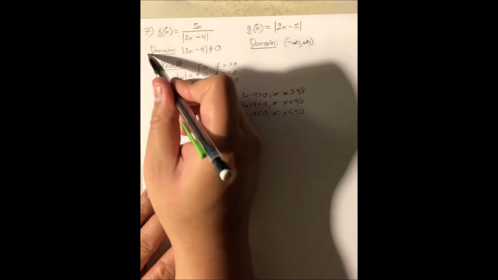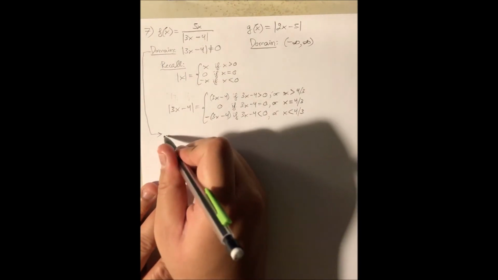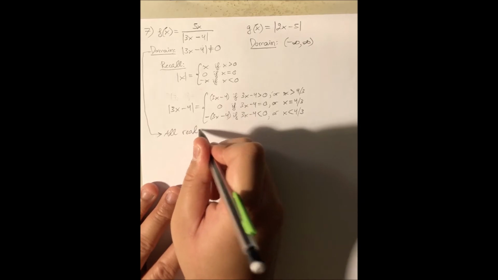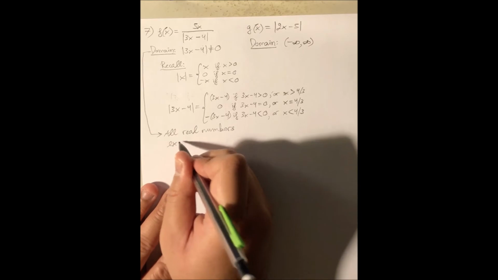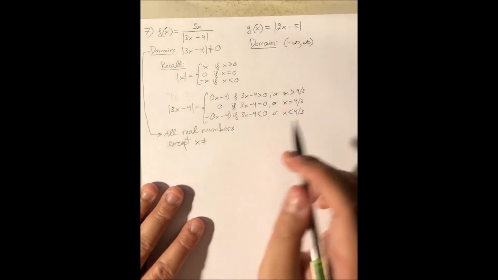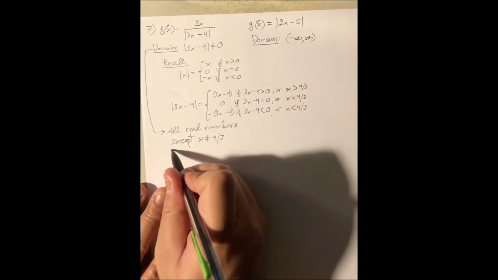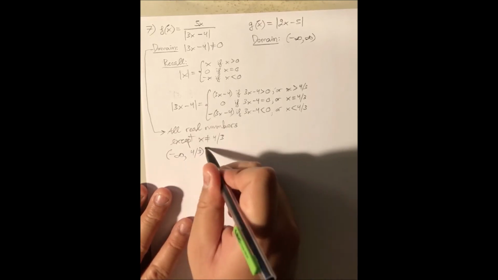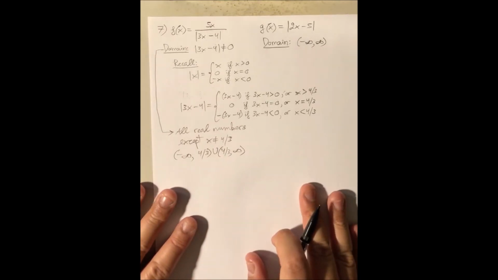So we can tell right away that the domain of this function f is going to be all real numbers except x cannot be equal to 4/3. And the interval notation is negative infinity all the way to 4/3, but not including it, union 4/3 all the way to positive infinity, like that.